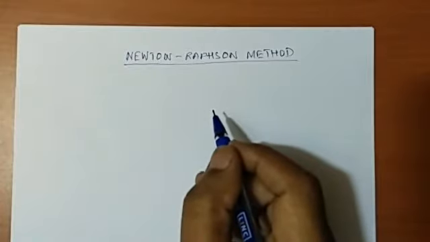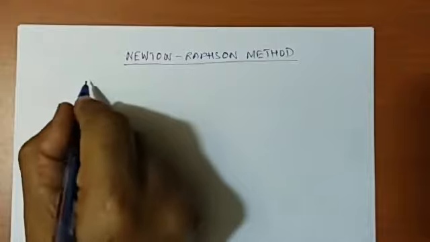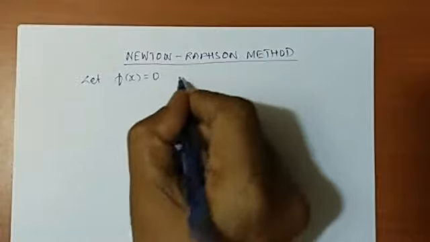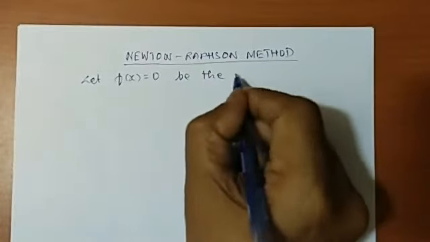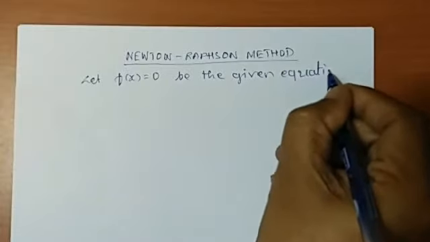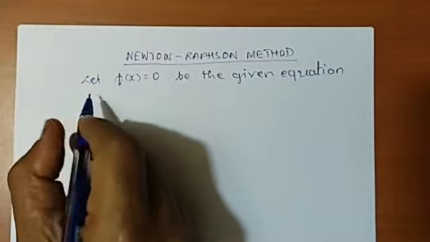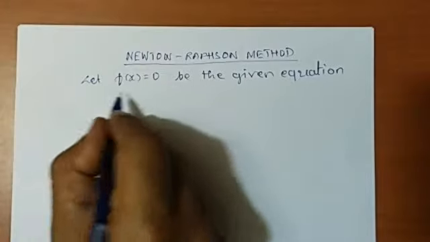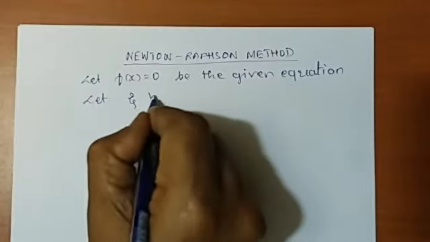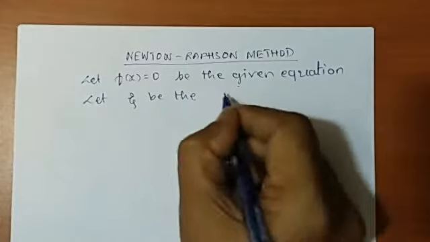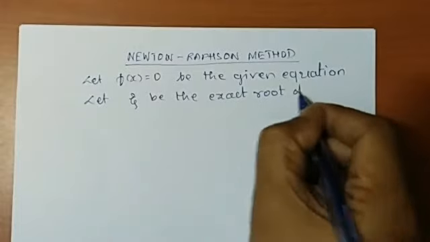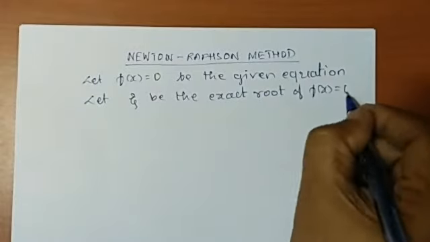So here I assume that let f of x is equal to 0 be the given equation, and let xi be the exact root of f of x is equal to 0.